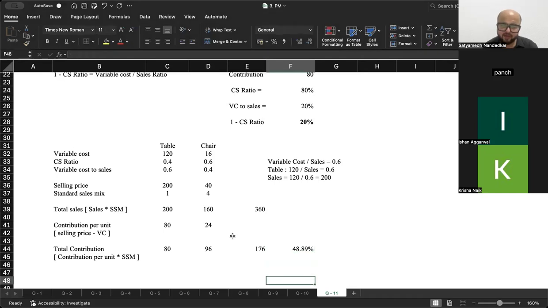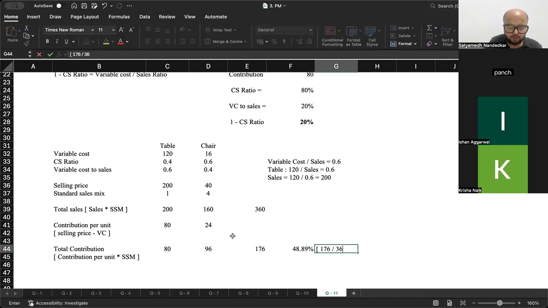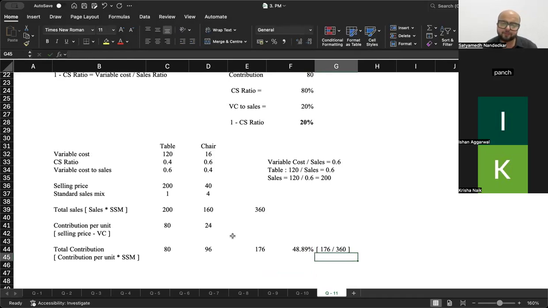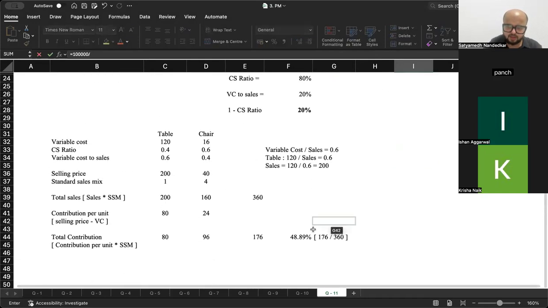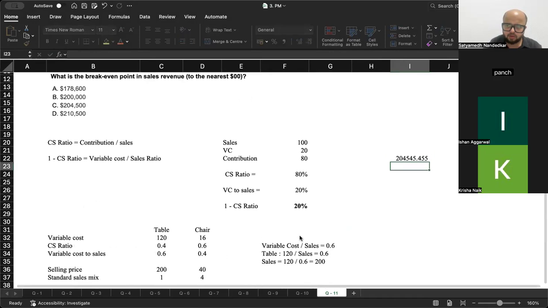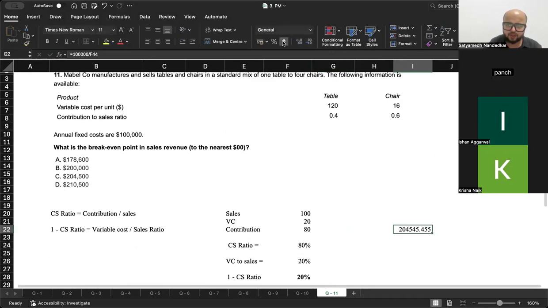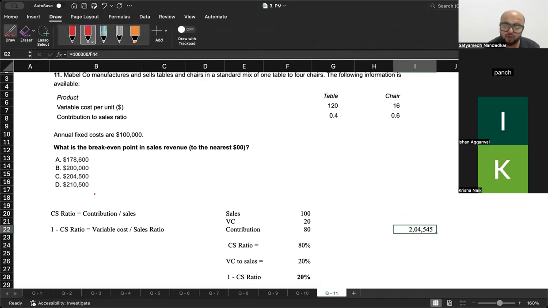So now you have weighted average CS ratio, right? This is 176 upon 360. Now you have annual fixed cost upon weighted average CS ratio, 204545. But they want the answer to the nearest 100. What will the nearest 100 of this be? 204500.